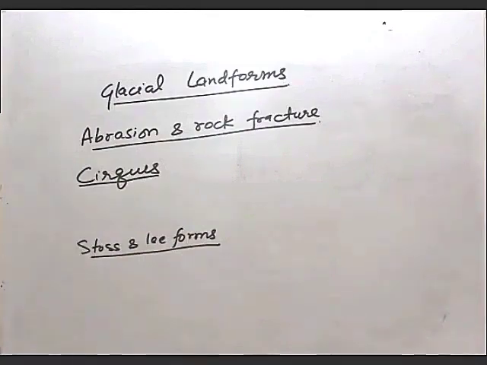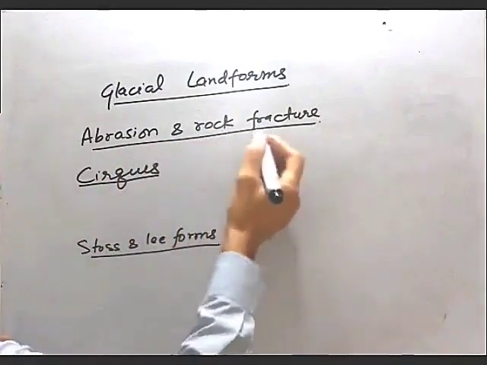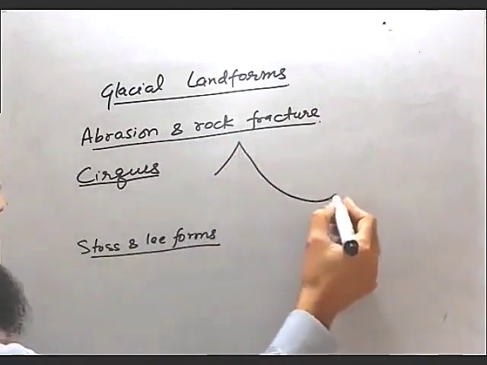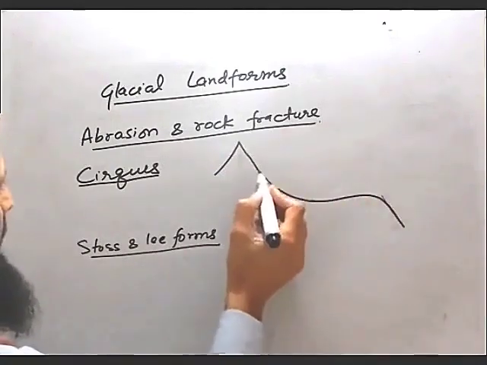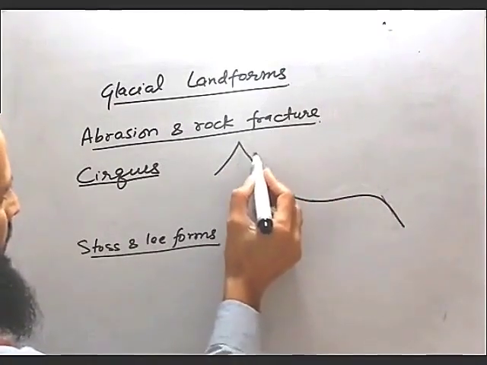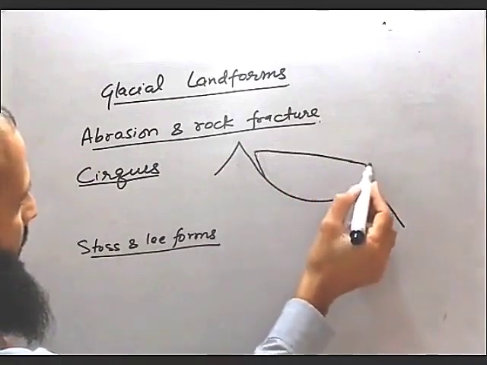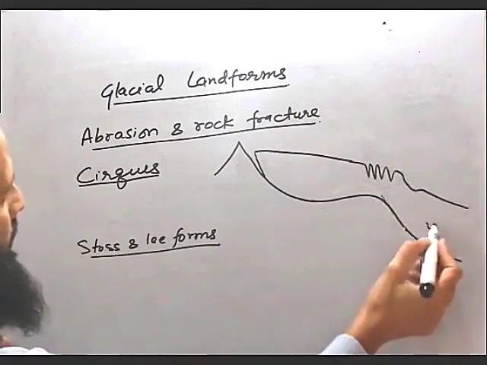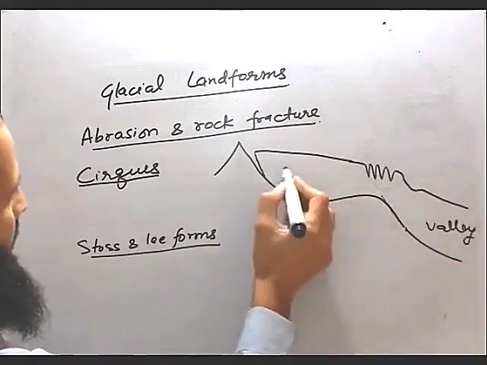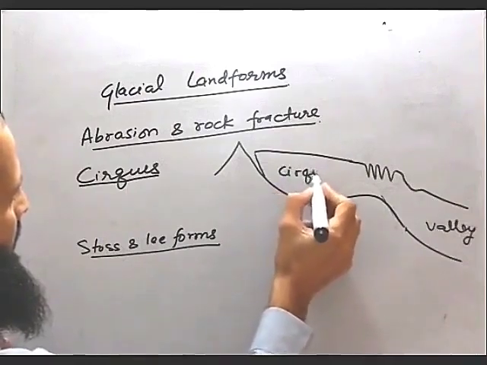Now cirques are basically armchair shaped hollows that form in mountainous terrain that we have already discussed, but the mechanism of the formation of cirque involves abrasion as well as rock fracture, because as you can see in this diagram, the glacial ice is present in this armchair shaped hollow, valley glacier, cirque glacier.